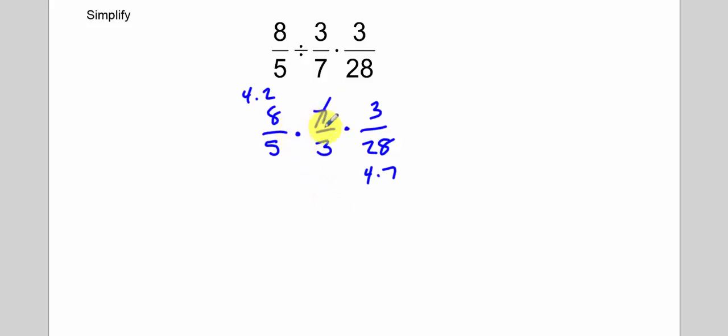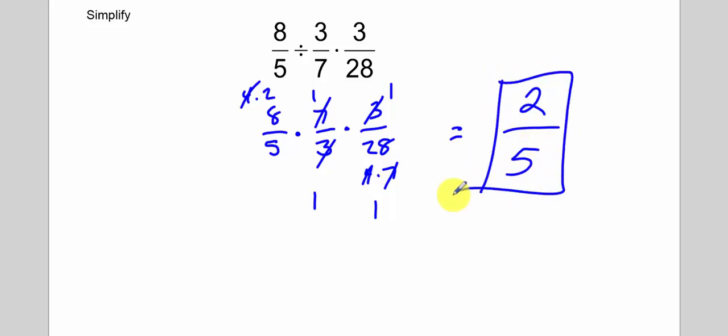And notice the 7's reduced completely, leaving a 1 up here. The 4 is reduced completely, leaving a 1 down here. 3 is reduced completely. And notice in the numerator I have a 2 left. In the denominator I only have a 5 left. And we're done.